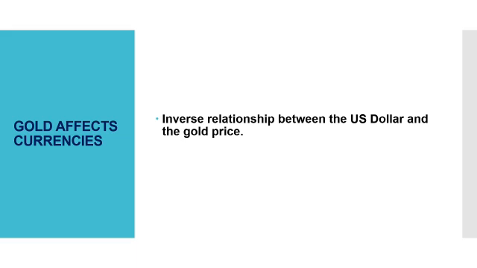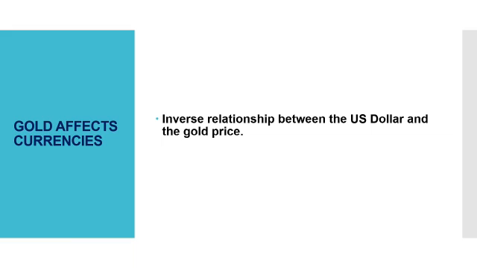Next, gold affects currencies. When it comes to gold's relationship with currencies, its correlation with the USD is a principal talking point, as the US dollar remains the benchmark pricing mechanism for gold. When the value of the USD increases, gold becomes more expensive for other nations to purchase.